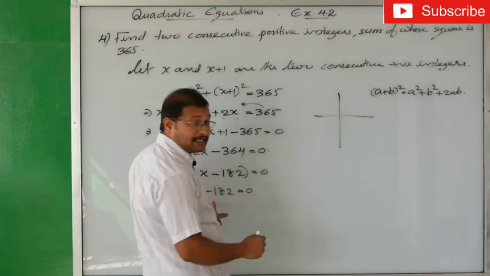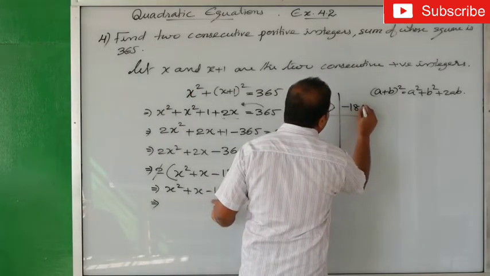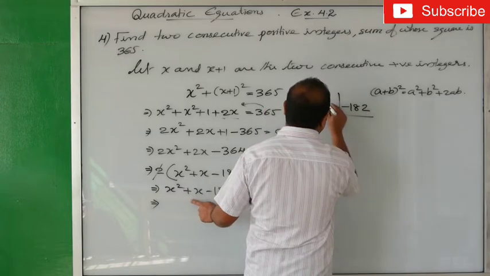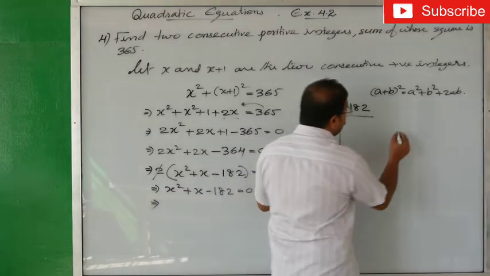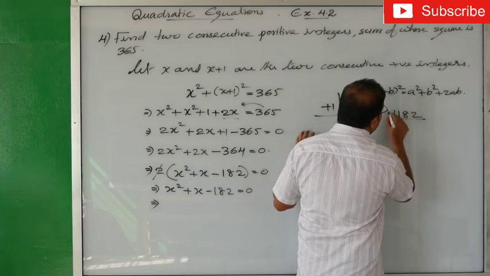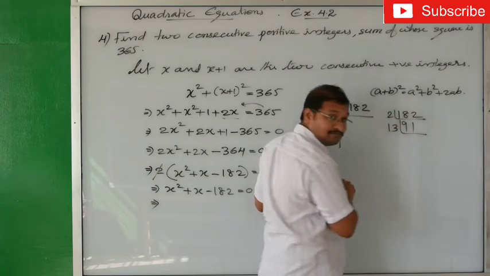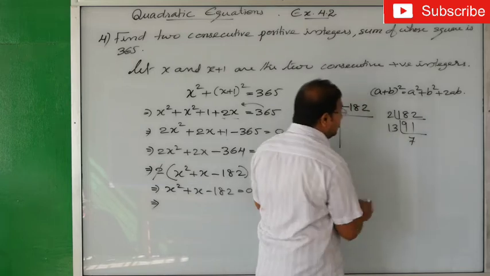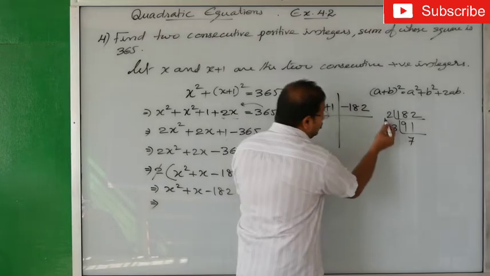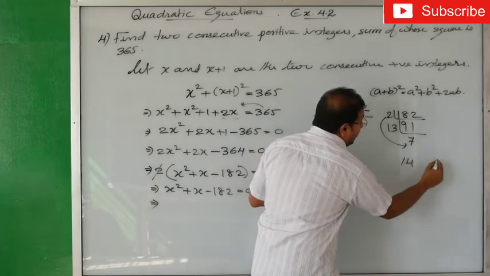See, the last term is minus 182 and the middle term is plus 1. So 182 we will break by 2, 2 nines are 18, then by 13, 13 sevens are 182, isn't it? Now what will happen? 2 sevens are 14 and 13.